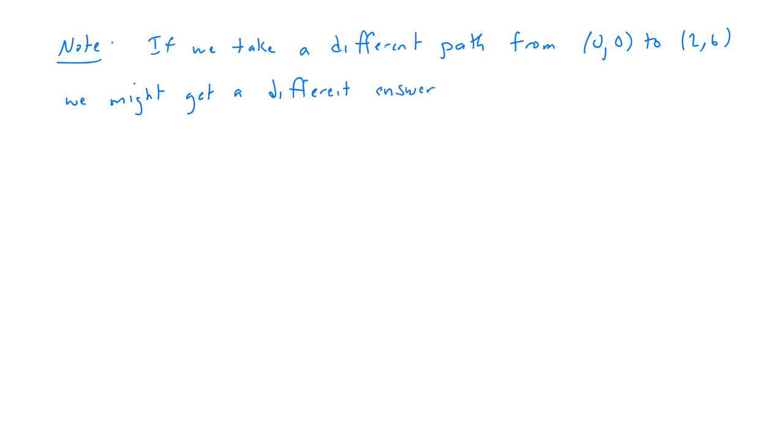We'll find out in the next section that if the vector field is conservative, then it's not going to matter which path I take. That's what conservative will give us: it tells us that the path we take doesn't matter. But in general, if it's not conservative, then that's not necessarily true. If we follow the same path but with a different parameterization, that does not change.